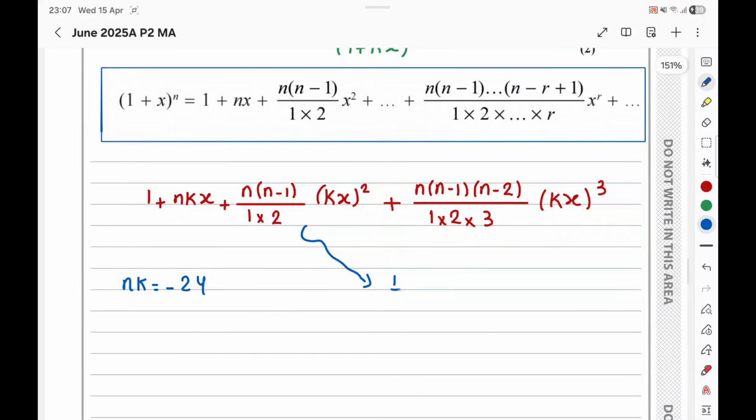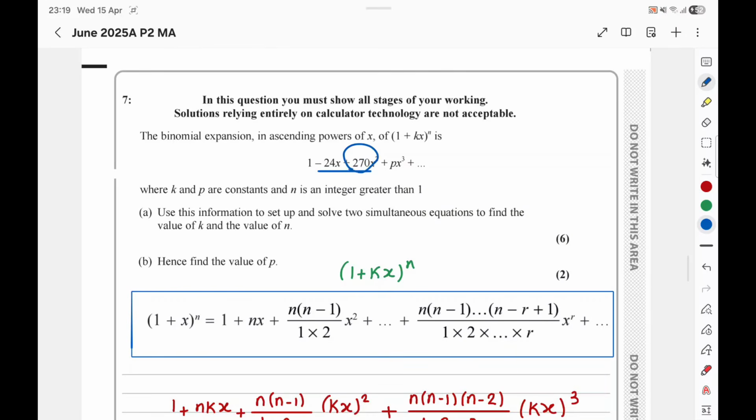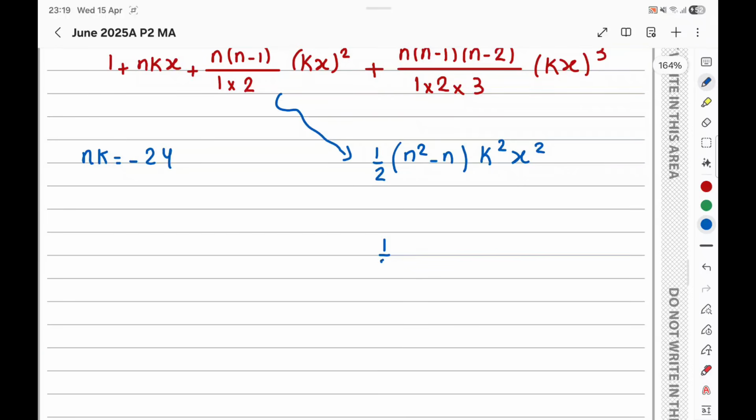It should be half times the bracket n squared minus n, times k squared x squared, and the coefficient of x squared is 270. This means that half times (n squared minus n) times k squared equals 270.